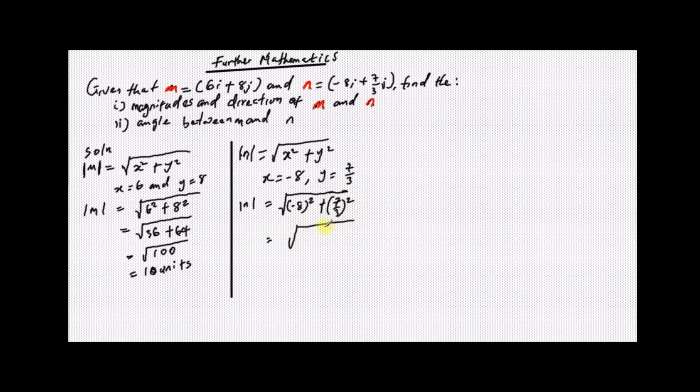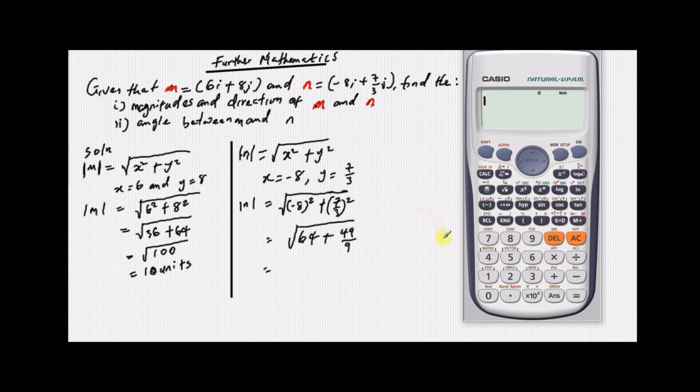Minus 8 square will still give us 64, plus 7 over 3 square, this one will give us 49 over 9. Let's compute it directly using our calculator.